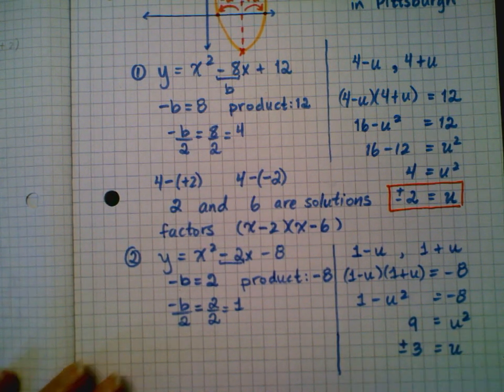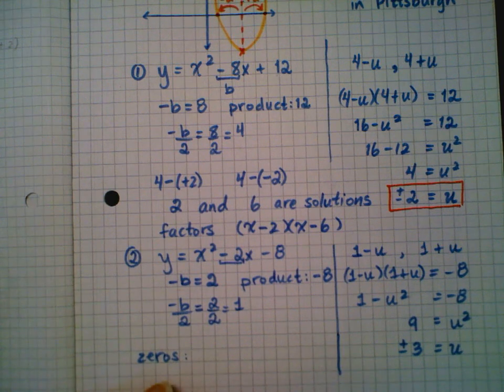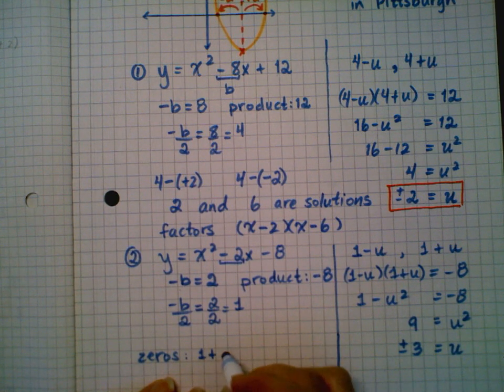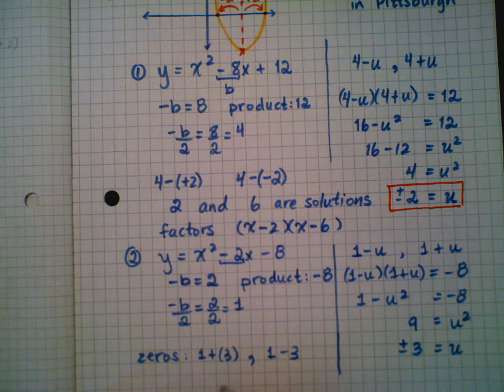So the two zeros are going to be located at 1 plus 3 and 1 minus 3. So that's 4 and negative 2.